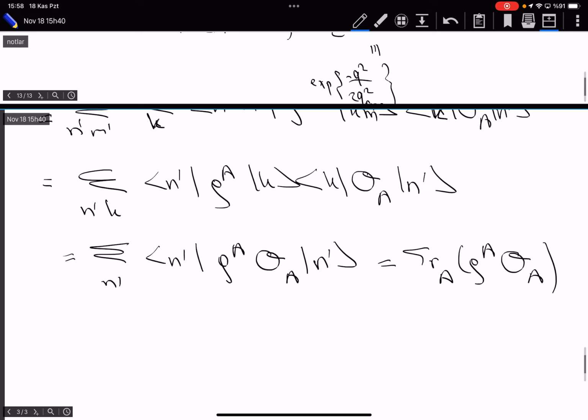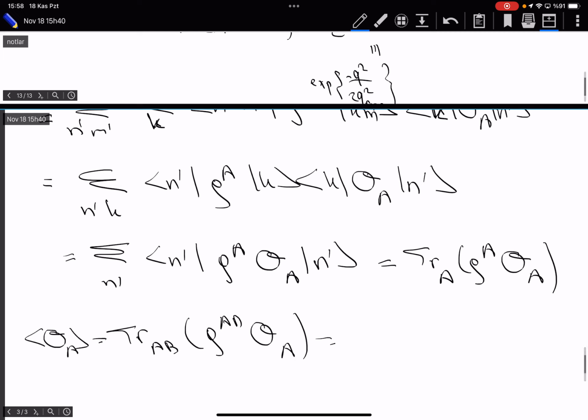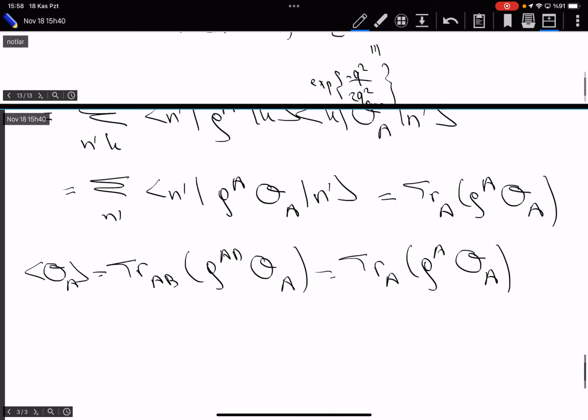We start with the trace over all the quantum numbers of the whole system. This trace, which is the expectation value of O_A, was actually equal to the trace over only the A degrees of freedom, of rho_A O_A, where this rho_A is equal to the trace over the B degrees of freedom of rho_AB.